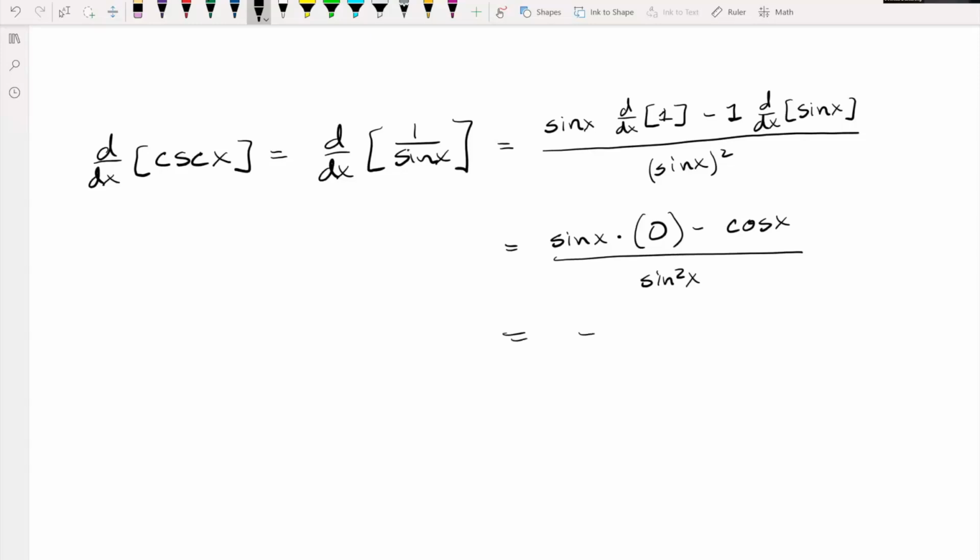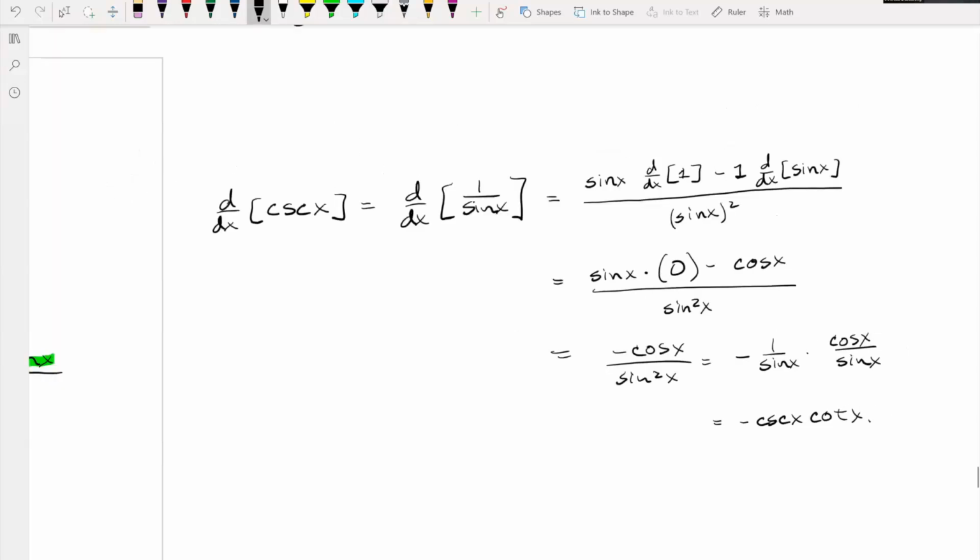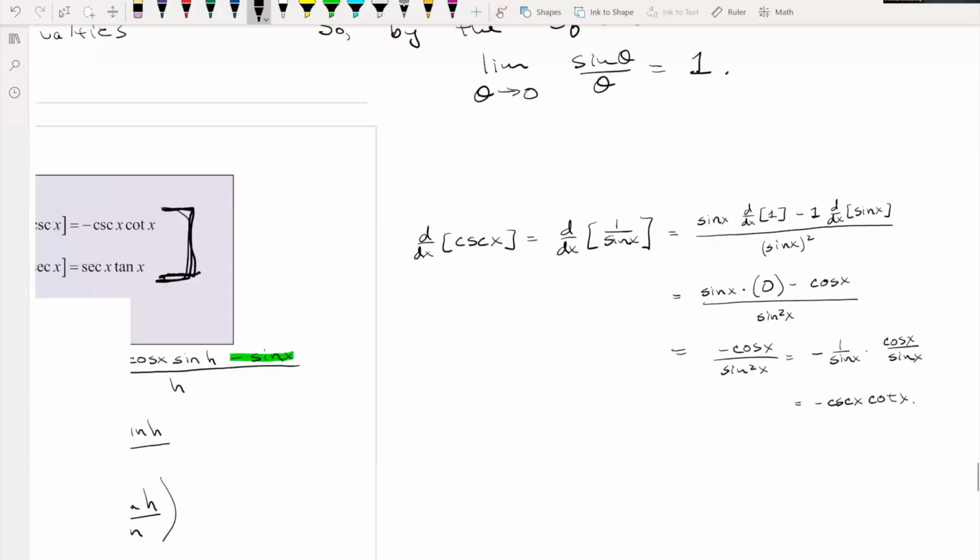So this becomes negative cosine x over sine squared x, which can be rewritten as negative 1 over sine x times cosine x over sine x, which gives us negative cosecant x cotangent x. And that is the derivative of cosecant. Okay, so we've done that one.